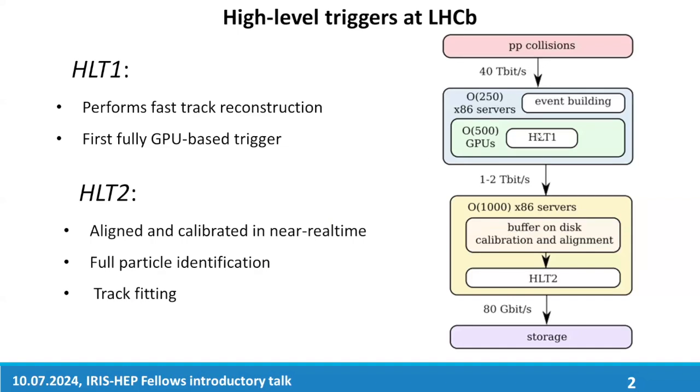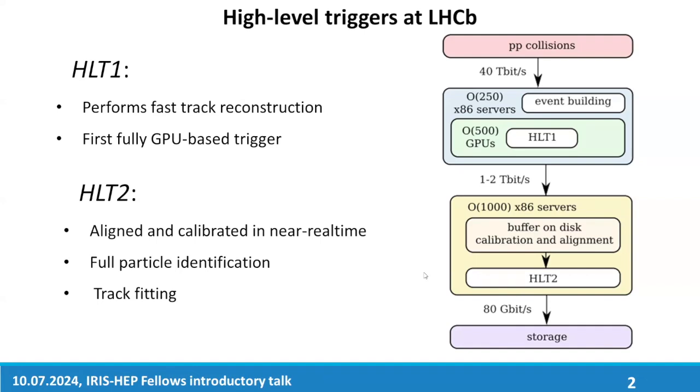Currently the LHCb detector is capable of reading out a maximum data rate of 40 terabits per second, which is a huge amount of data that needs to be filtered, and which is achieved by two software stages, namely HLT1 and HLT2, which have their own tasks for this.